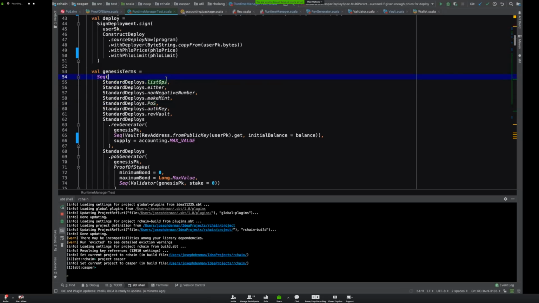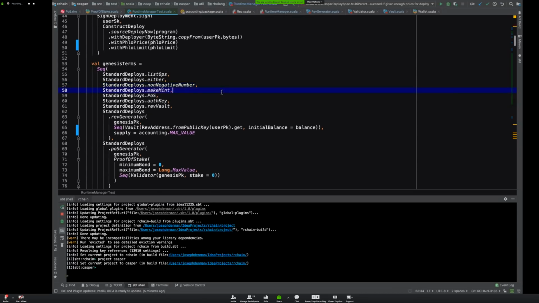This, on the other hand, is just a contract that's a collection of operations on lists, although necessary. NonNegativeNumber is a contract guaranteeing that a number that we're trying to deduct never goes negative. MakeMint is the contract that mints rev and controls access to purses. Again, the proof of stake contract here.